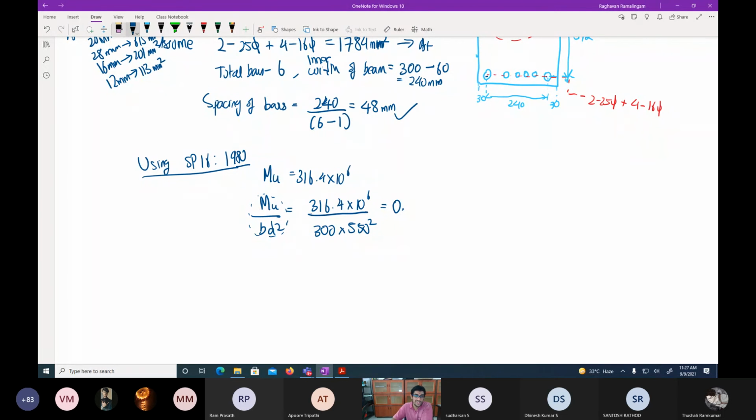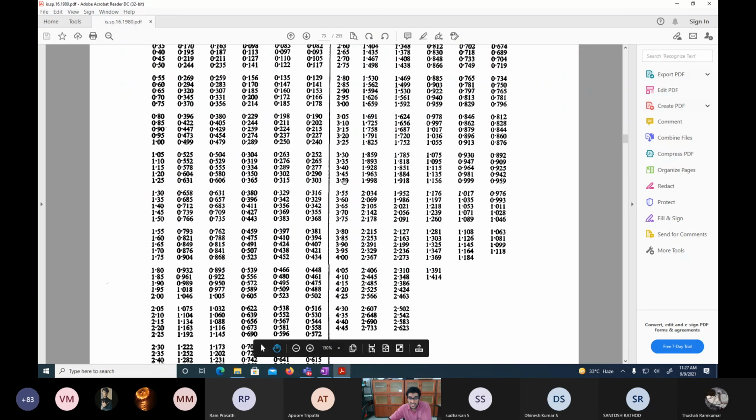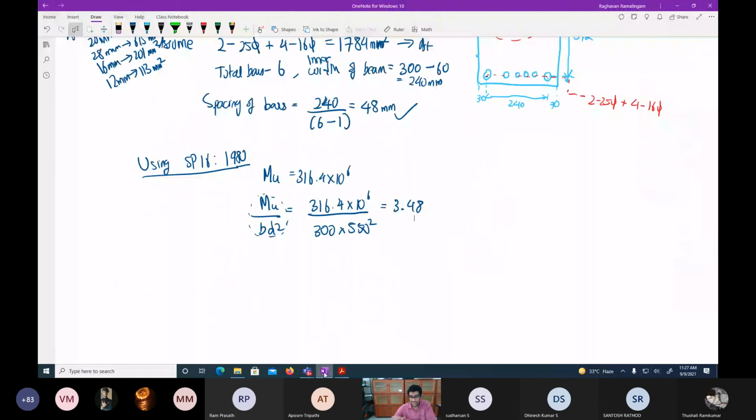Okay, 3.48. So you can just go back there and see. 3.45, 3.5 I have. In between that, it's 0.942 and 0.959. So probably 0.95. So I get pt is 0.95% if I use 550. Based on this, you can do Ast equals pt into bd by 100, and you'll get something mm square.